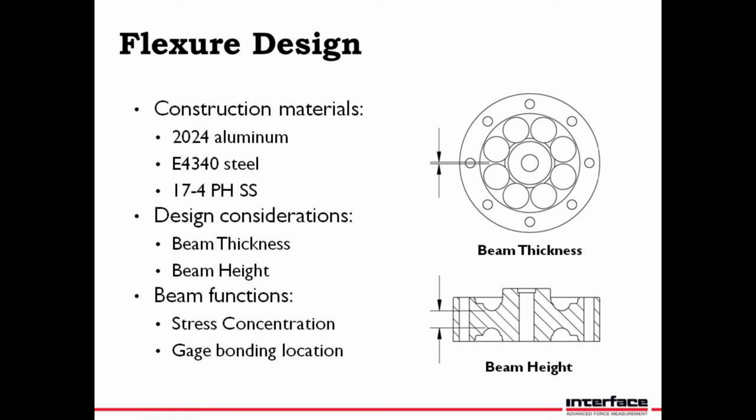E4340 steel is used for capacities of 5,000 pounds and higher, and stainless steel is typically used for submersible, hermetic, or corrosive environment applications.